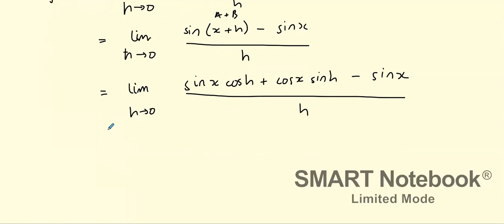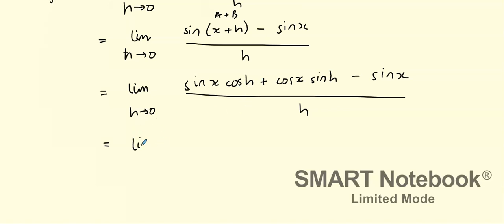Now, what can I do at this stage? This is where I need to start using my small angle approximations. So I know sine h should be h, and cos h should be 1 minus h squared over 2.